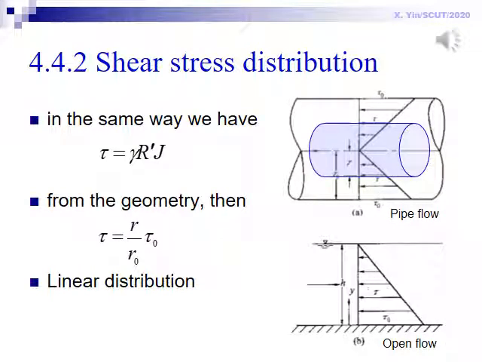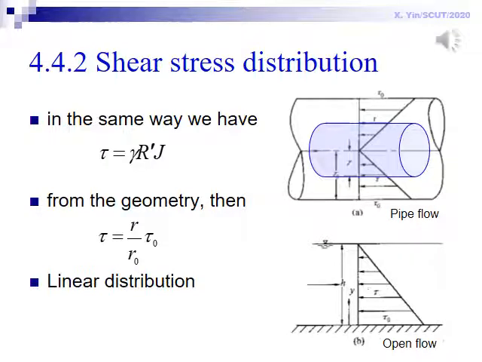With a similar deduction, we have the internal shear expression as the equation on the top of the page. In the expression, R' is the hydraulic radius of the flow beam shown in blue in the picture, and tau is the shear stress on the beam.